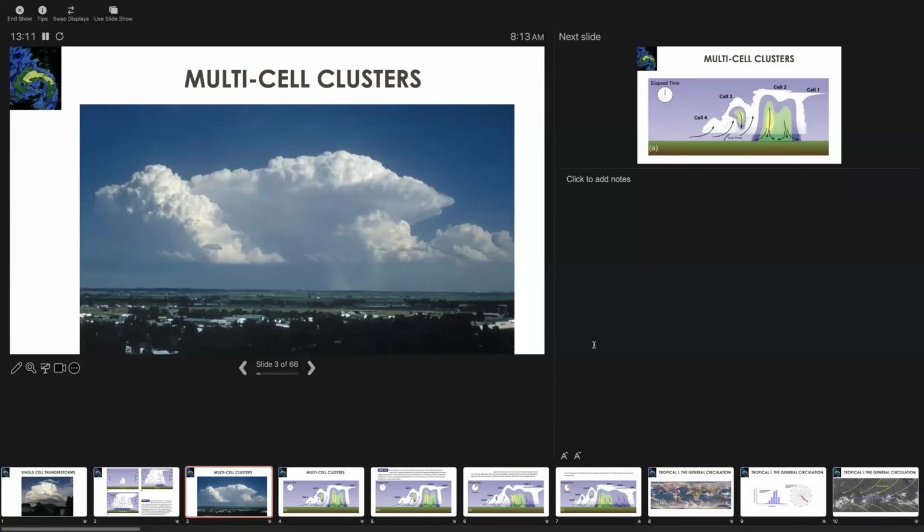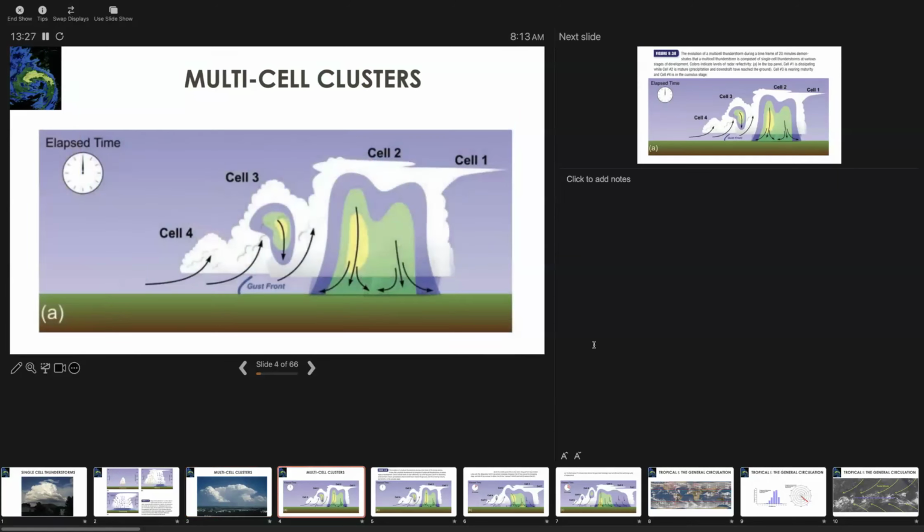And as you'll see later on, when we get back from spring break, you'll be able to look at a picture like this and say, well, this is a severe thunderstorm, and there's 2 or 3 things going on in that photograph that will tell you it's a severe storm, but you'll get that. So in a sense, this is what the majority of storms really are. Multi-cell clusters, where you've got warm air being entrained from the back, more rising moist air.